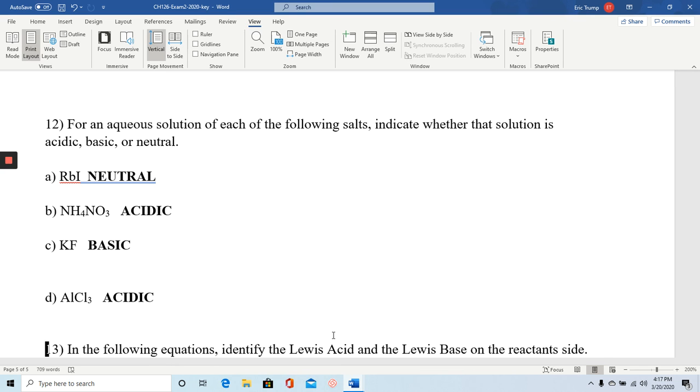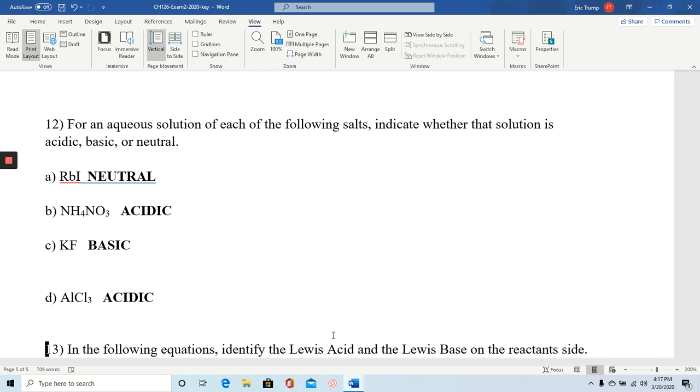KF. K is a group 1 cation, so it's neutral. F minus is a weak base. HF is not one of the 6 strong acids, it's a weak acid. So we have a neutral cation and a basic anion, so that would form a basic solution.